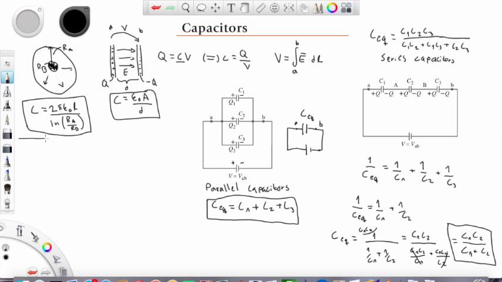The fact that we are storing charge in capacitors means that we are also storing energy. And that's one of the applications of capacitors. They act like small energy containers where the charge can be extracted rapidly.